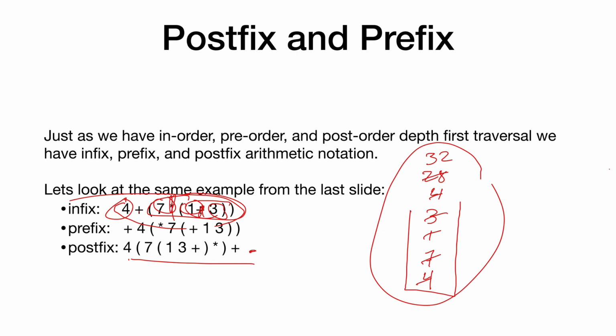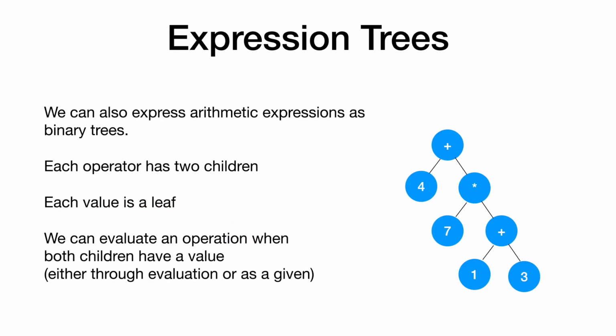So these are the three main notations for arithmetic notation, but there's another way to represent an equation that we haven't talked about yet, and that's as an expression tree. So expression trees exist without having to know an order, right?